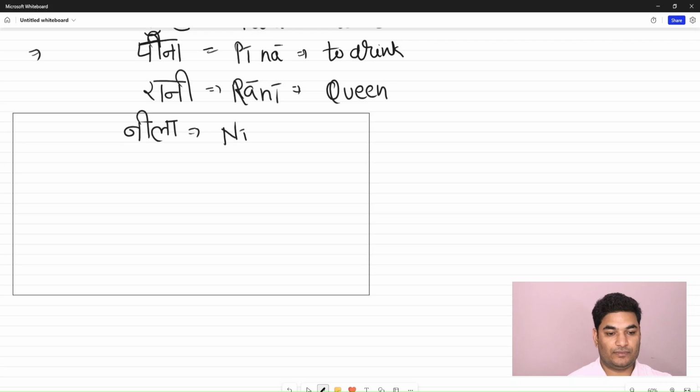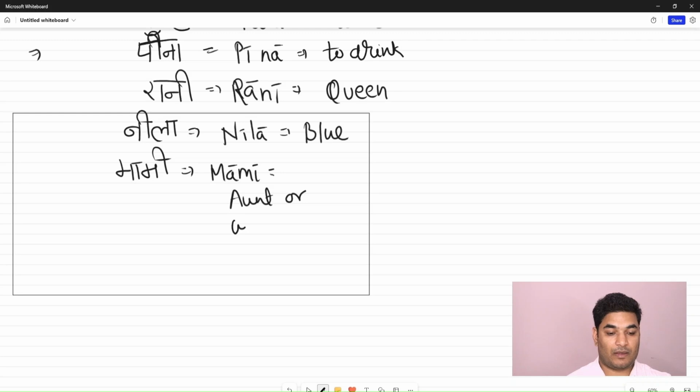Nila is blue color. Then we have Mami. Mami is aunt or wife of maternal uncle.